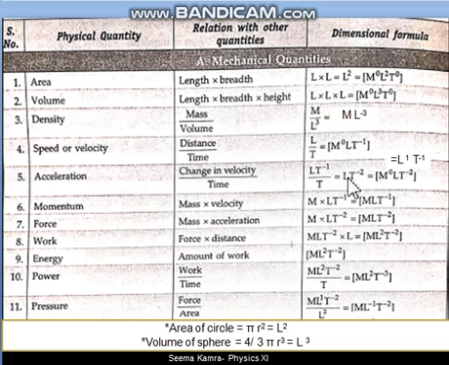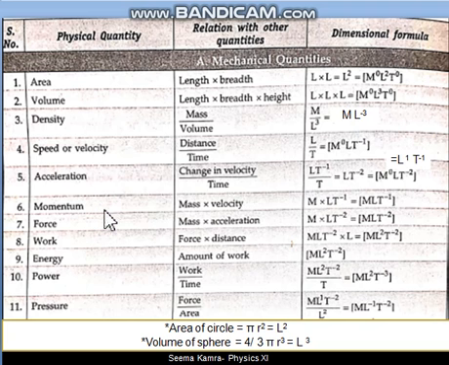This way L power 1 and the T power will change. It will become T power minus 2, because this power 1 of the denominator term, when it is shifted to the numerator, will become minus 1. So minus 1 power will become minus 2. So remember, the acceleration answer is L1 T minus 2.